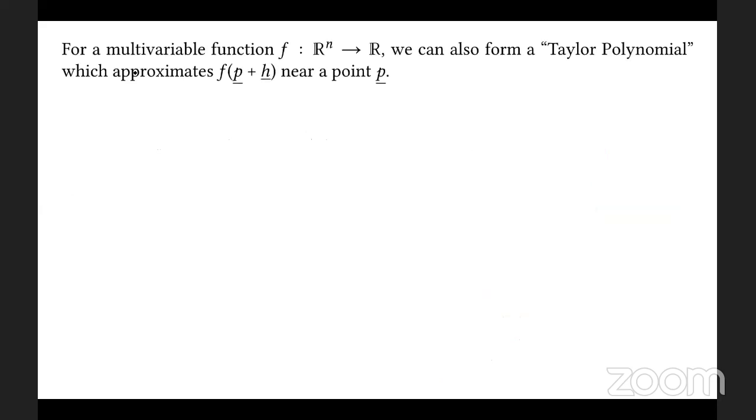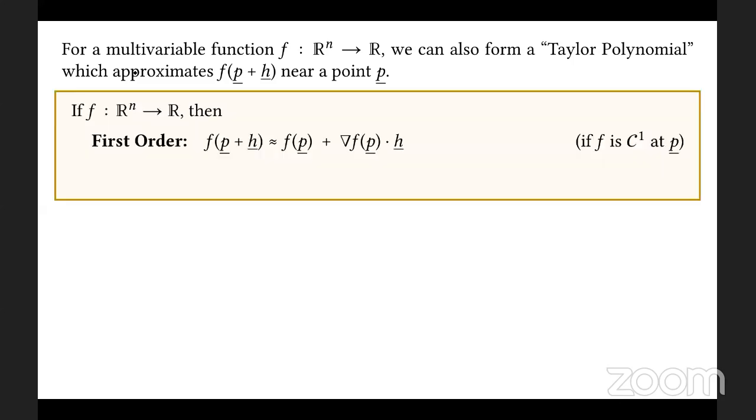Okay, so for a multivariable function f from R^n into R, we can form a Taylor polynomial which approximates f of p plus h. So p is the point at which we know information about f, and h is some displacement vector. So if f is from R^n into R, the first order approximation of f at p is f at p plus the gradient of f at p dotted with that displacement vector h.